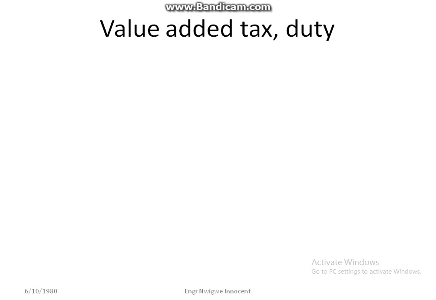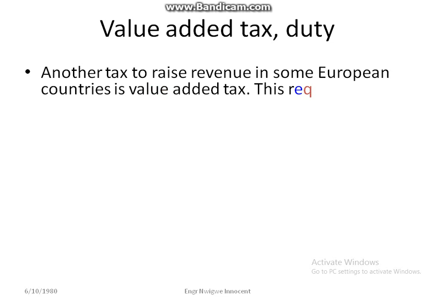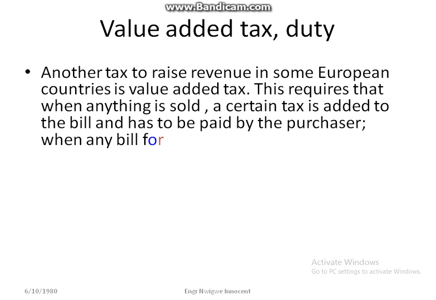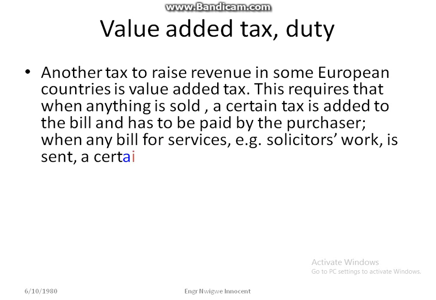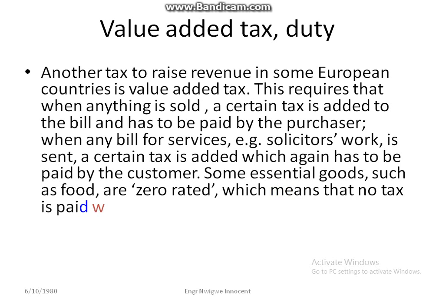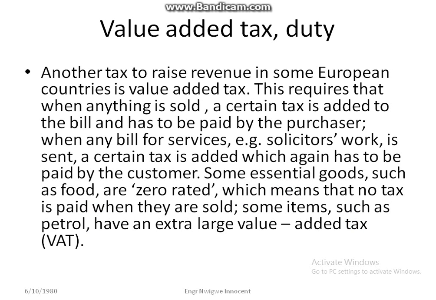Value added tax or duty. Another tax to raise revenue in some European countries is value added tax. This requires that when anything is sold, a certain tax is added to the bill and has to be paid by the purchaser.